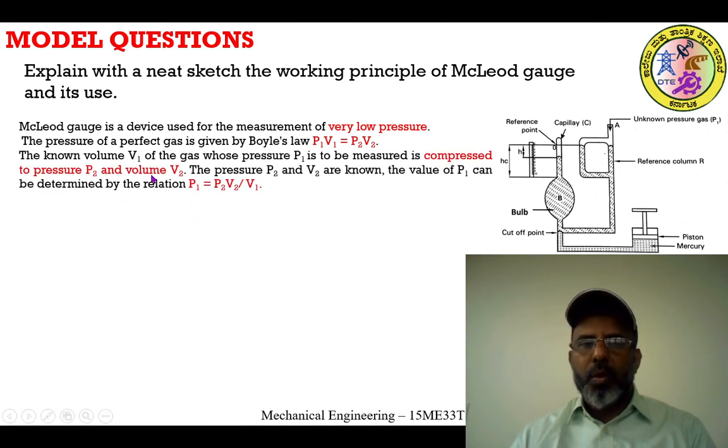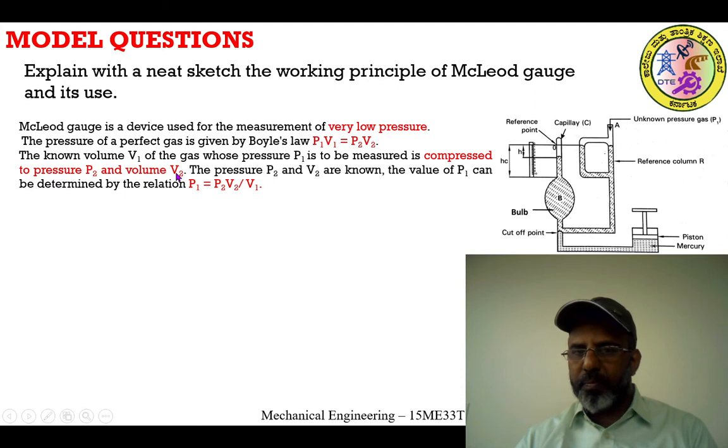In the McLeod gauge, the known volume V1 of the gas, whose pressure P1 is to be measured, is compressed to a known pressure P2 and volume V2. Since P2 and V2 are known, the value of P1 can be determined by the relation P1 equals P2 V2 divided by V1.